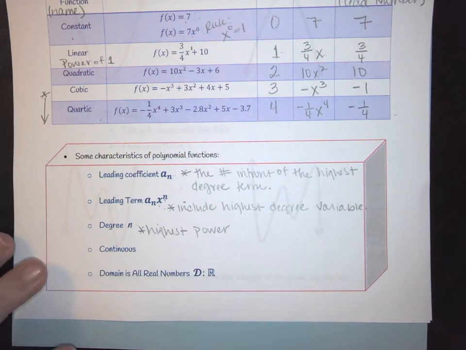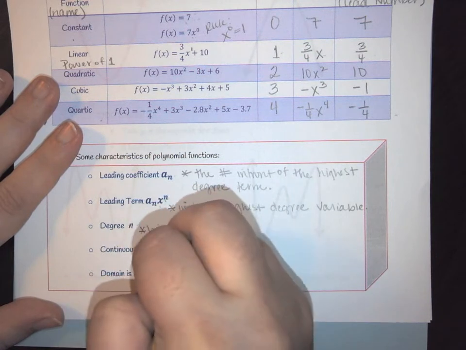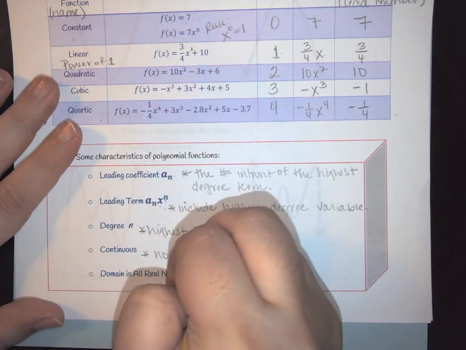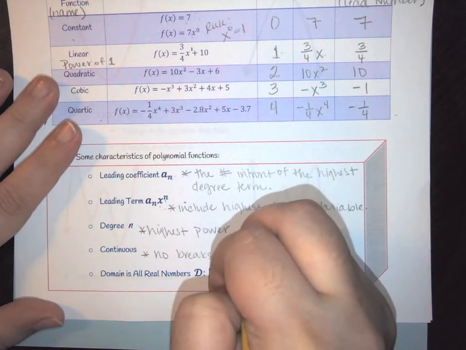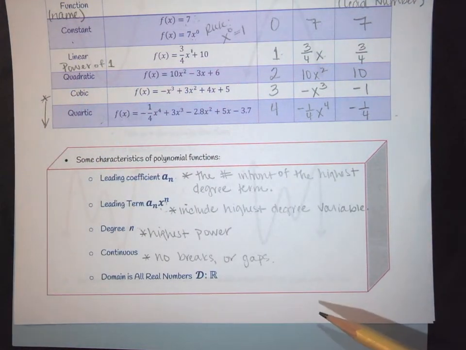Now, continuous means the way the graph looks. So when we're talking about a continuous graph, what that means is that there are no breaks or gaps. In other words, when you put your pencil down in one part of the graph, you can draw that pencil straight through without having to lift it.